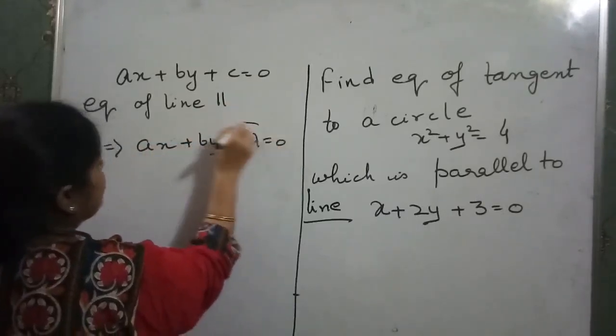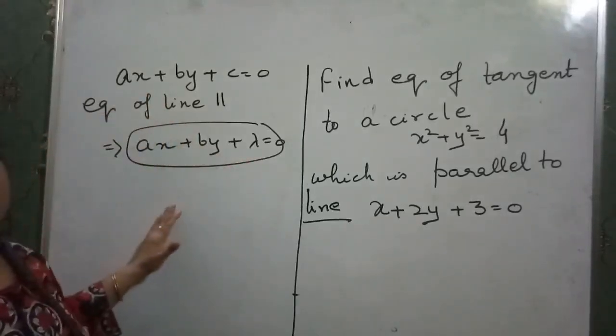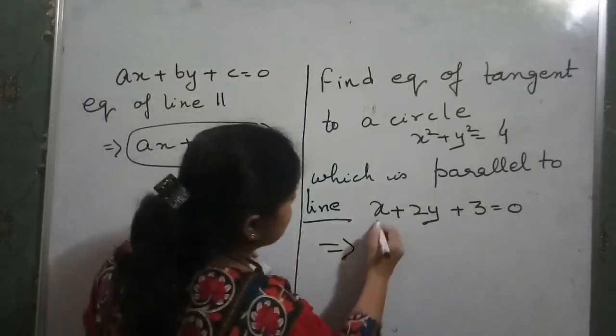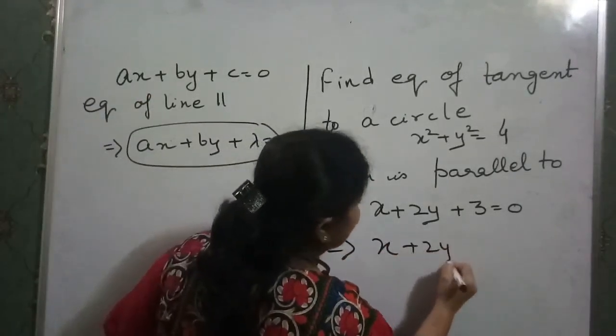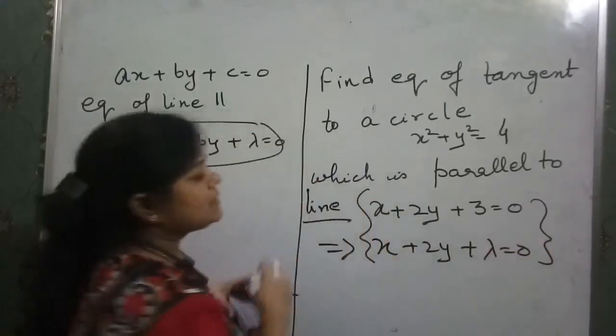We put the values of x and y, find the value of lambda, and after that we find the equation. Similarly here, the equation of the tangent is x plus 2y plus lambda is equal to 0 when we compare with this line. This is the clue.